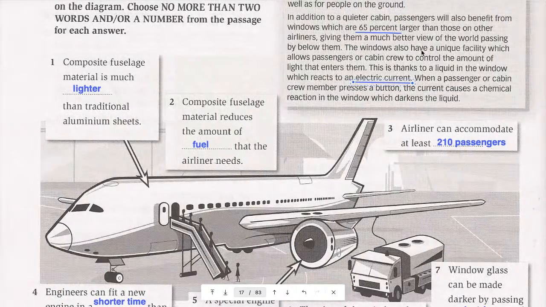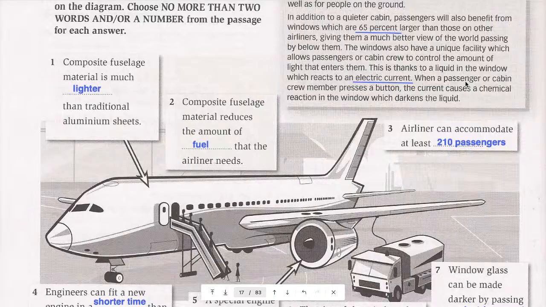Guys, be very careful. Here they say the windows also have a unique facility which allows passengers or cabin crew to control the amount of light that enters them. This is thanks to a liquid, so a liquid can be an answer. Thanks to a liquid in the window which reacts to an electric current.